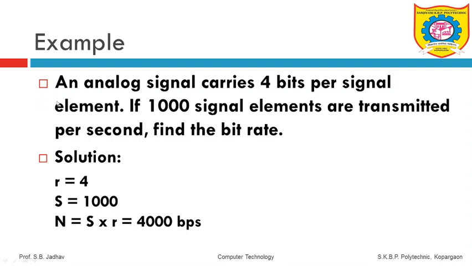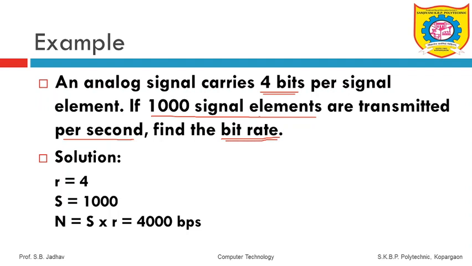Let us see another example. An analog signal carries 4 bits per signal element. If 1000 signal elements are transmitted per second, find the bit rate.